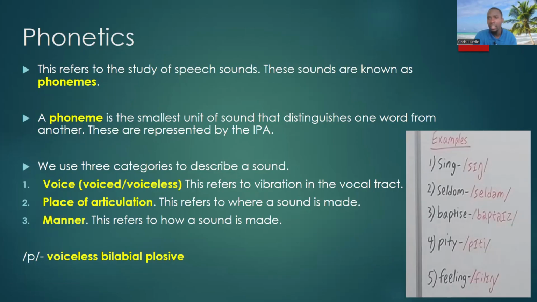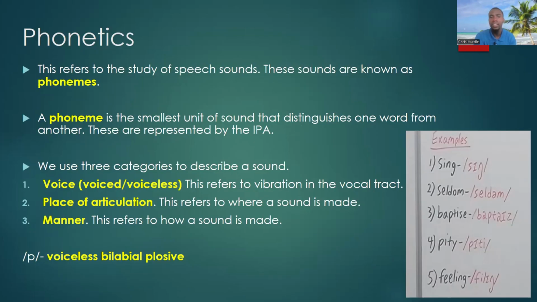We look at sing, and these are the phonemes that exist within the word sing. If you were to look in a dictionary, you would see these transcriptions, which give us an idea of what the word sounds like.